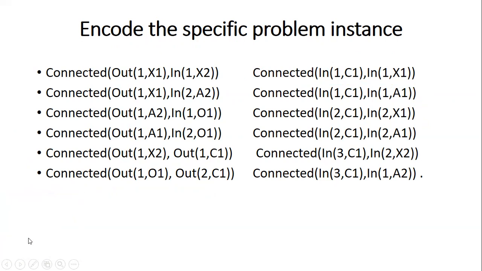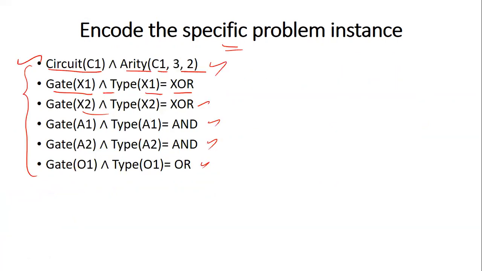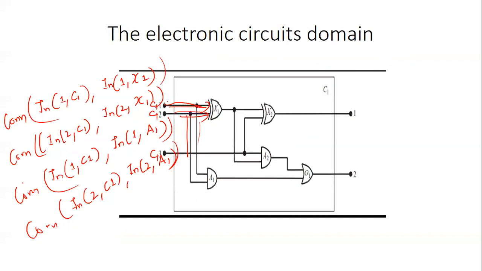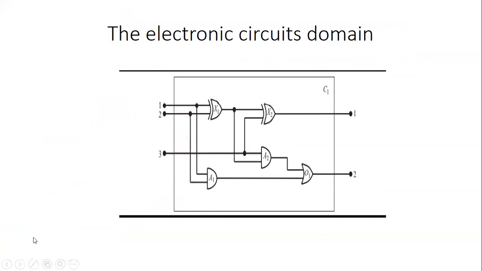So let us see where the third input of C1 goes. If you see here, the third input of C1 goes to the first input of A2 and the second input of X2. So how will we represent that? The third input of C1 is connected to the second input of X2.